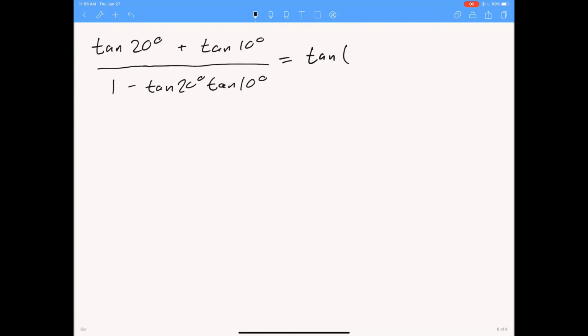If we have a plus here, that means we're going to add these two angles: 20 plus 10 degrees. And we can just do that instead. Tangent of 20 degrees plus 10 degrees is tangent of 30 degrees, and tangent of 30 degrees is just root 3 over 3.